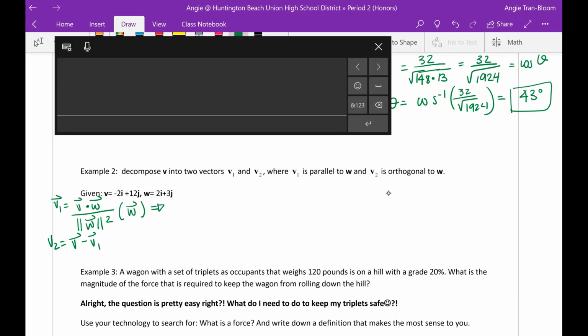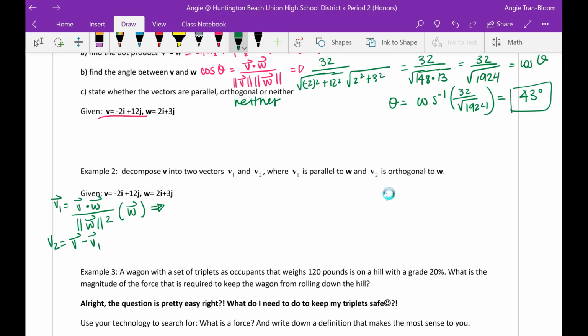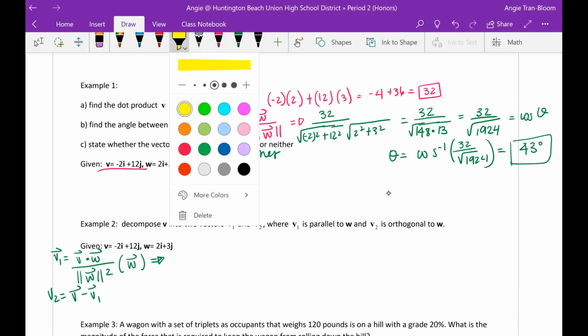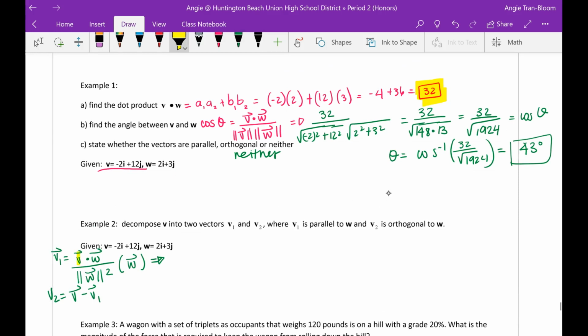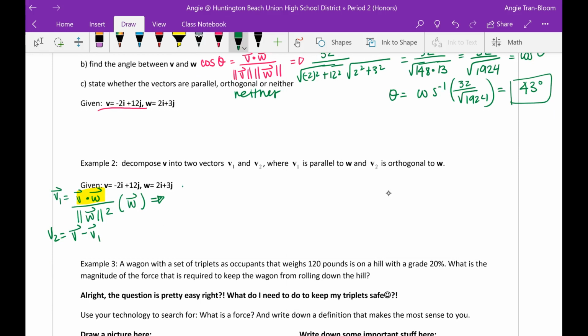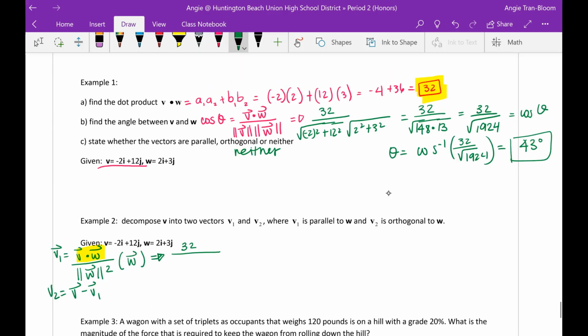So let's work out what V1 is. The dot product of V and W we found earlier from the step above, so that saved me some time. Right away I can write 32 all over the magnitude of W, which we also found earlier: square root of 13, but I need to square that.